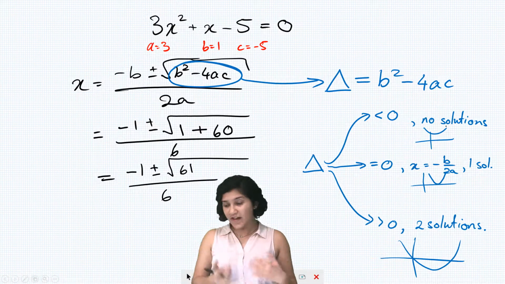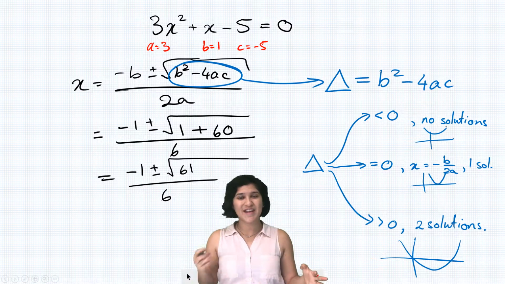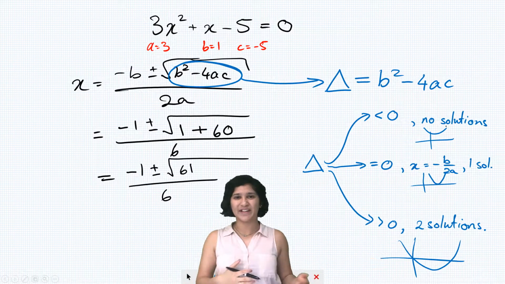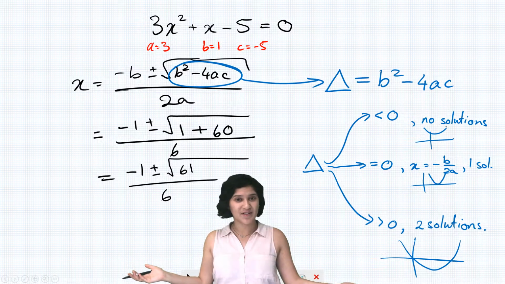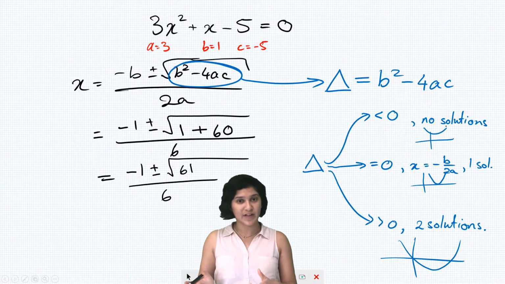Alright, so that can be really important to know, and particularly if it has no solutions, we don't have to waste time substituting everything into the whole quadratic formula because you know you're not going to end up with any solutions anyway. So it can save a lot of time if you just check the discriminant first.